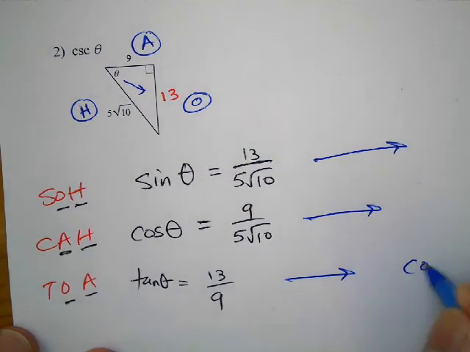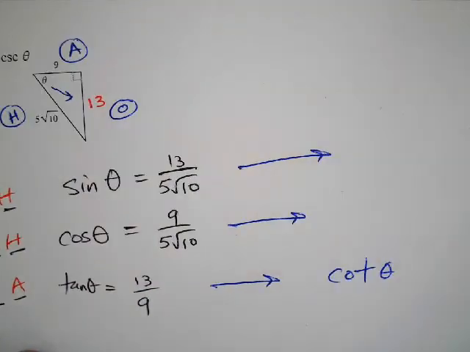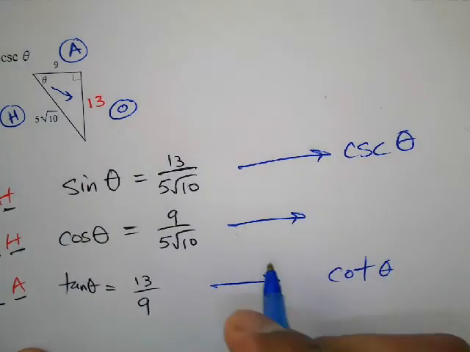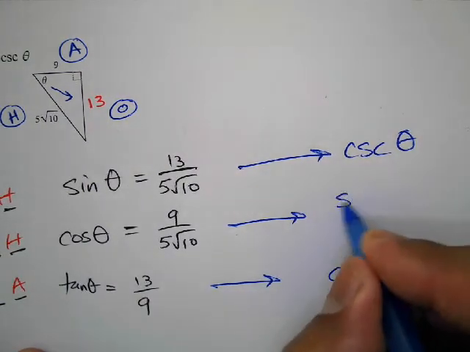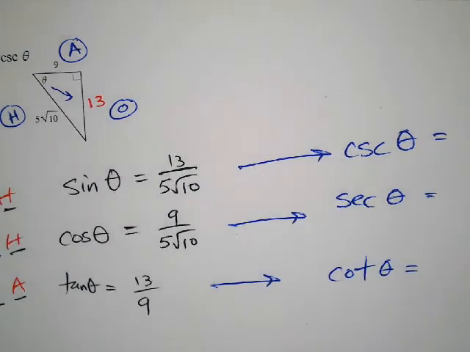Get the other three. So tangent is paired up, or is a reciprocal function, of cotangent. Sine is cosecant and cosine is secant. So again, there was nothing to reduce, so here's the easy part.